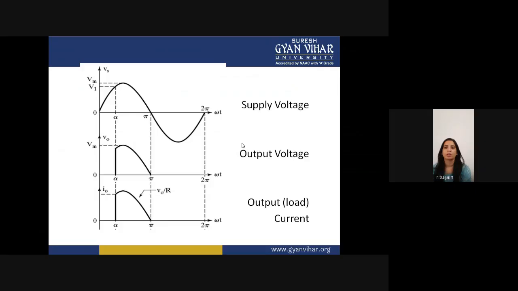So you can write it as Vs: Vs is the input voltage, Vm is the maximum voltage, and V1 is the voltage at which you give the gate pulse to the SCR. We have already discussed what an SCR is, how it can control your output voltage, and what different terminals it has.